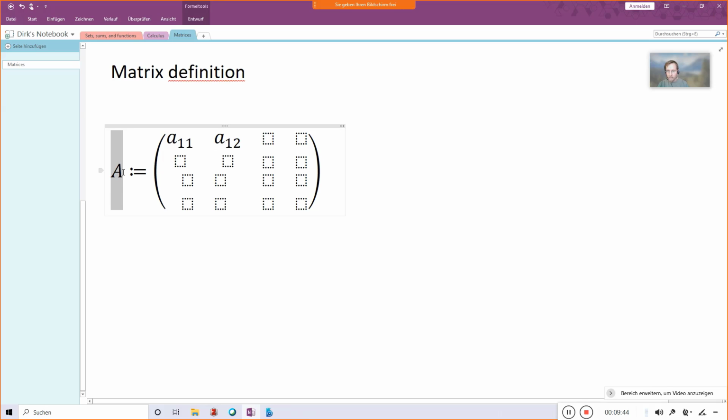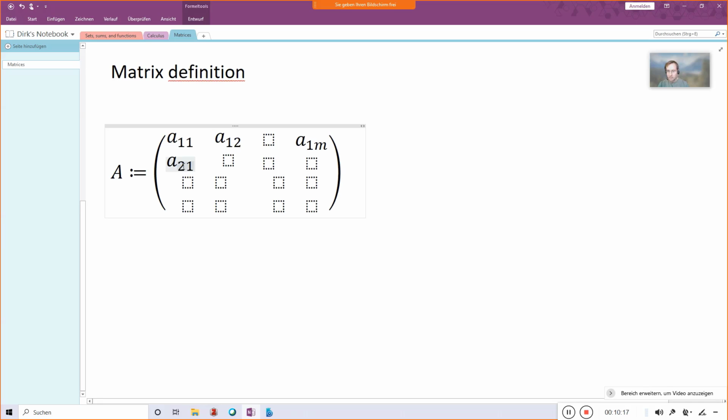We have the matrix A here, and this is a rectangular array of numbers, and these individual matrix elements are subscripted according to the row and column index. And here's the most important thing to get used to. The row index is always first, and the column index is always second. So 1, 1 means first row, first column, that's easy, but 1, 2 means first row, second column, and nothing else. And a 2, 1 means second row, first column, and nothing else.